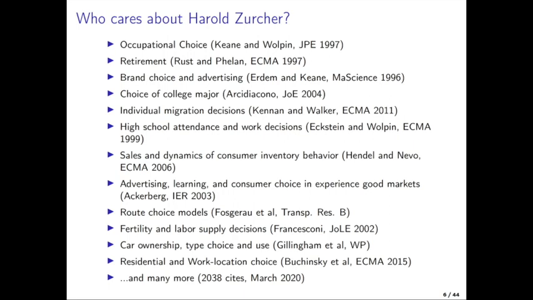So here's a bunch of references to papers that essentially rely on the framework, or at least versions of the framework that John thought about at that time. So one example is occupational choice. This is a discrete choice, right?